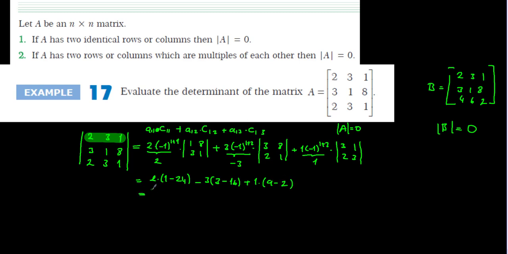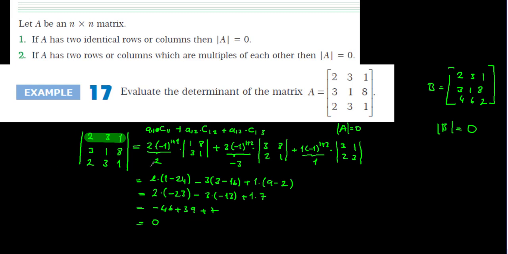So this is equal to 2 times minus 23, minus 3 times minus 13, and 1 times 7, which is equal to minus 46 plus 39 plus 7. As you see here, the sum is equal to 0.